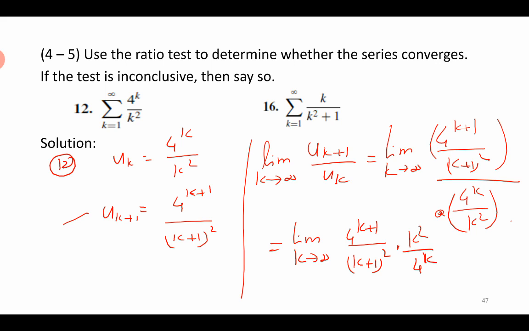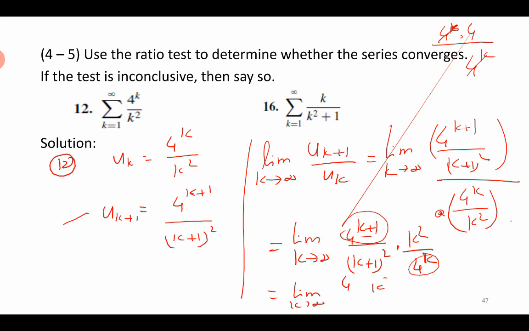See, 4 raised to k plus 1 is 4 raised to k into 4. So 4 raised to k cancels, and you get 4 in the numerator.